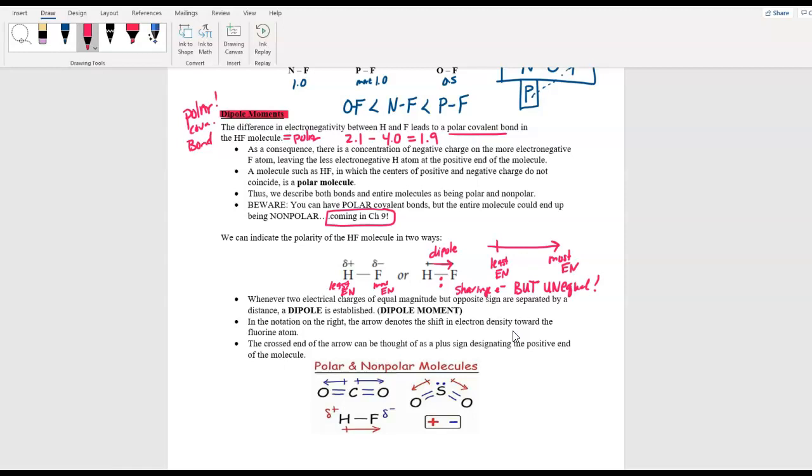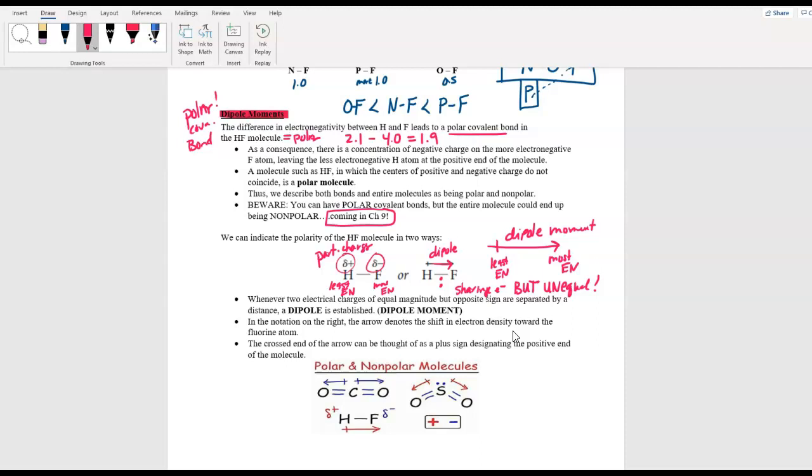So the point is, ladies and gentlemen, does AP want partial charges? Do they want these symbols instead? Or do they want you to draw what's called a dipole moment? And a dipole moment is telling me who is possessing those electrons. So when two electrical charges of equal magnitude but opposite charge, positive and negative, create what's called a dipole, aka a dipole moment.